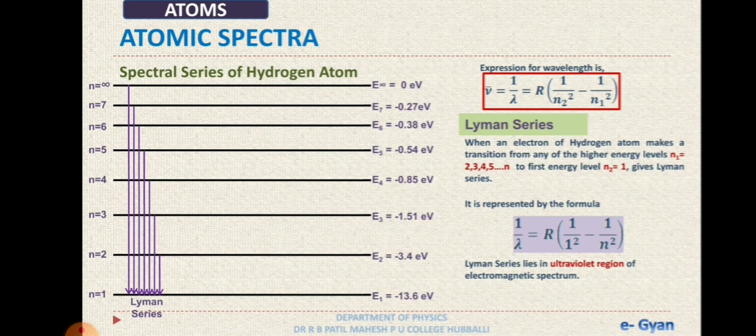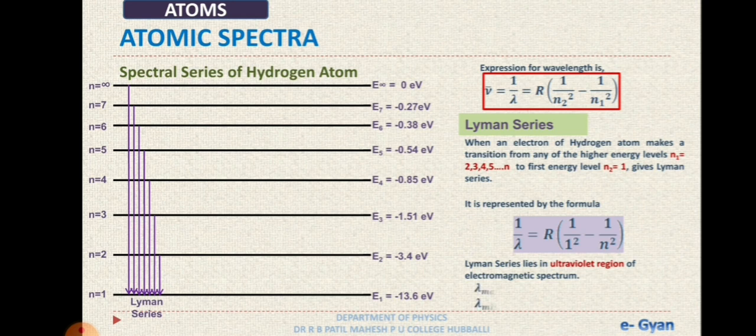Now, the frequency of the Lyman series would be highest when the transition is from infinity to first level, whereas the frequency is least when the transition of an electron is from second energy level to first energy level. Whereas when it comes to wavelength, the wavelength is minimum when the transition is from infinity to 1, and the wavelength is maximum when the transition is from second energy level to first energy level.